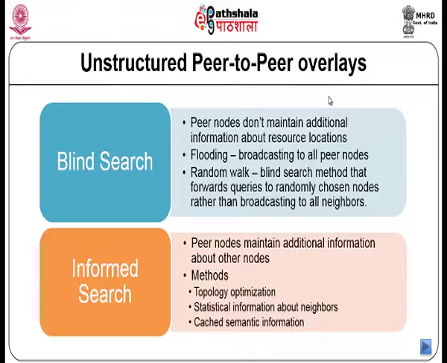We can also have a caching mechanism by which, if a query has happened earlier on, the result is stored in the cache of a peer, and for the next search we first search the cache of the peer to see whether some relevant information is available. If it is not available, then we do some informed search about the node.